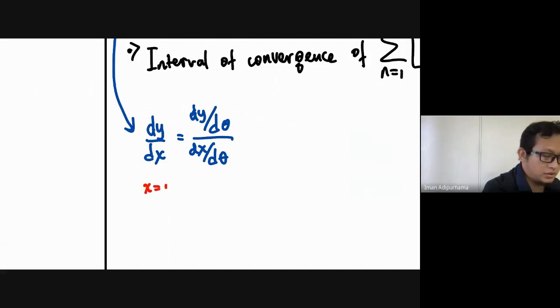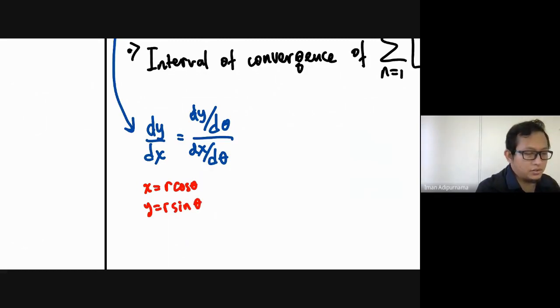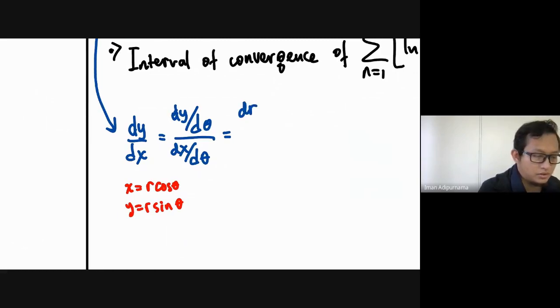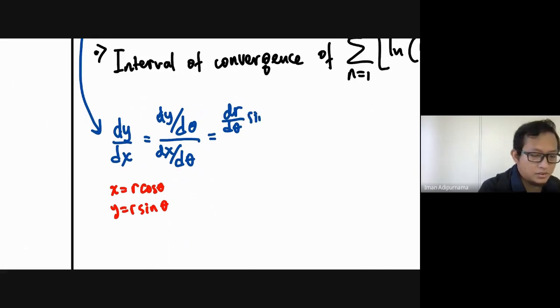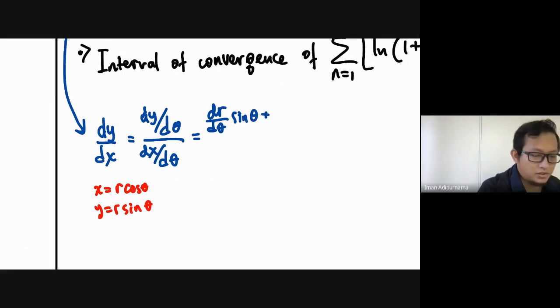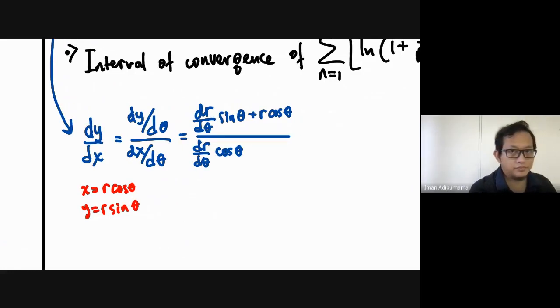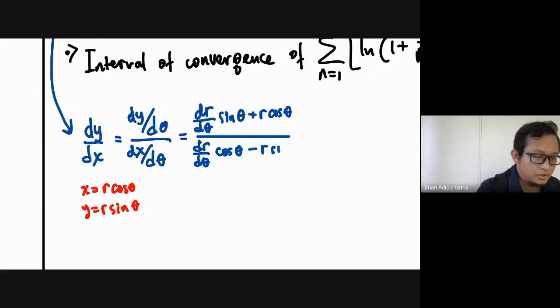Now x and y are r cosine theta and r sine theta. So dy over d theta becomes dr/d theta sine theta plus r cos theta, and dx over d theta is dr/d theta cos theta minus r sine theta.